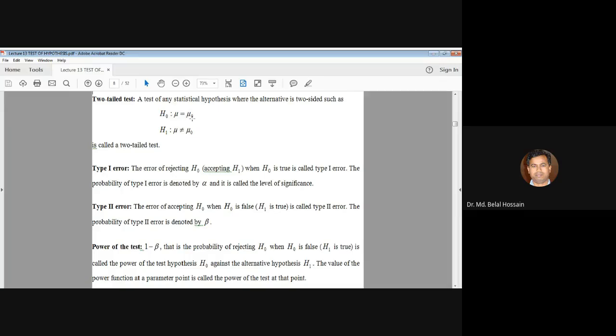If the null hypothesis is not right, then the alternative hypothesis is true, which tells us mu is not equal to mu naught. Consider mu equals 10. It is not 10, so it can be greater than 10, or it can be less than 10, for example.